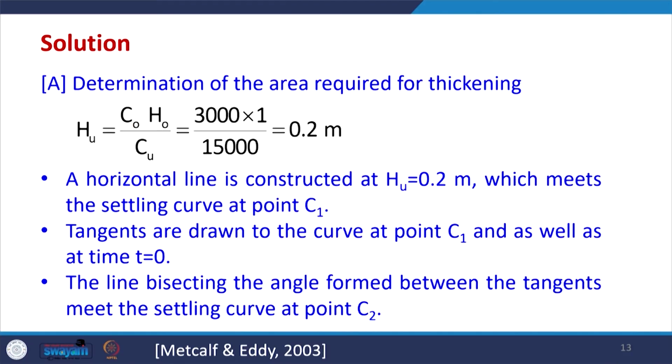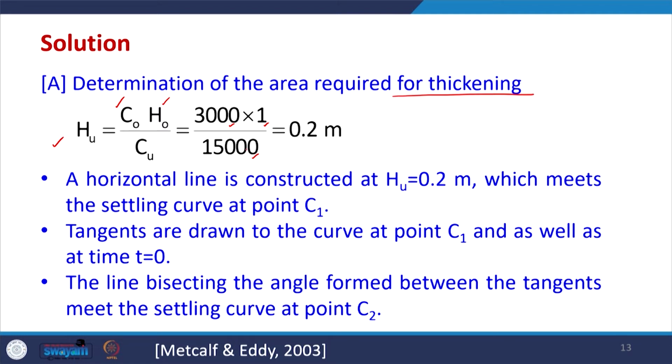The first step is that we have to find out the Hu. Right now we are finding the thickener area, and for that we need the Hu value. Now, initial concentration and initial height both are given. The initial concentration is 3000 milligram per liter, initial height is 1 meter, and the underflow concentration is already fixed at 15,000 milligram per liter.